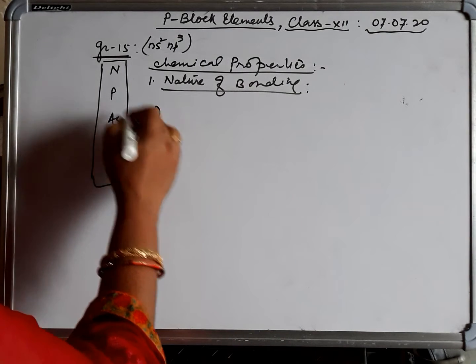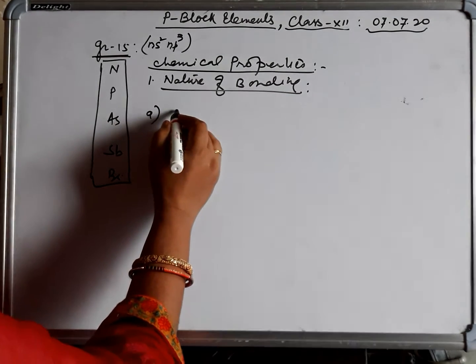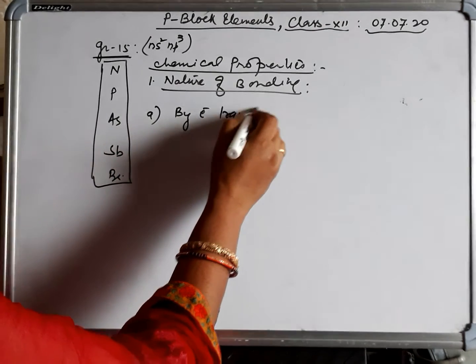Number 1. The members of this group easily form compounds by electron transfer with other members.